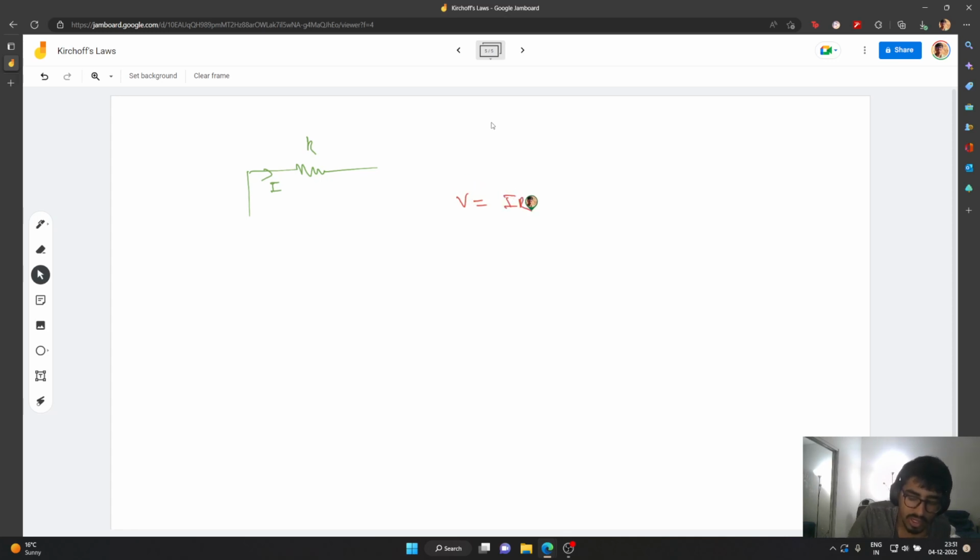If you're moving in the direction of the current and you go across the resistor, then you lose some energy. Last chapter we said that the current is filled up with energy by the battery, then it does an activity, experiences some resistance, loses energy, and then it comes back to the starting end of the battery extremely tired. So this battery again gives it energy, then it loses it through the resistance, and so on.